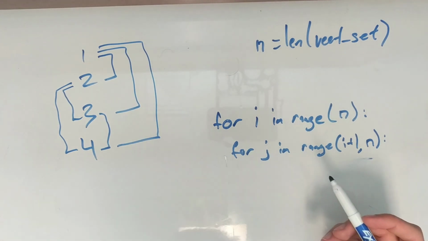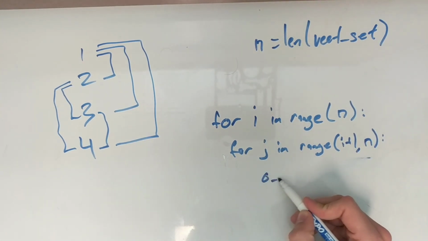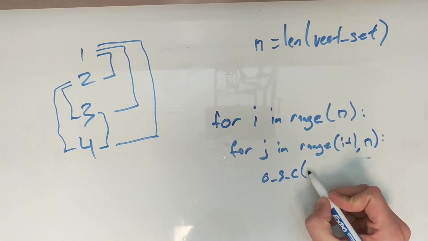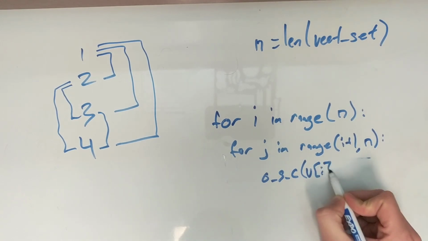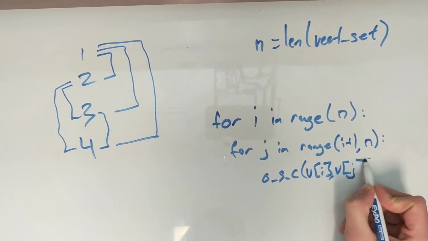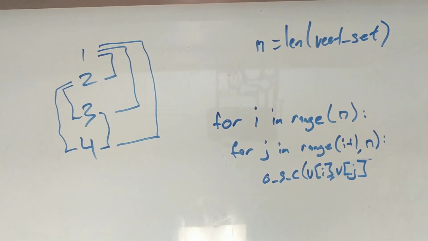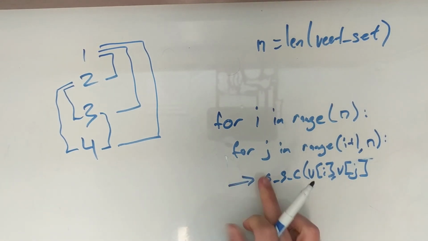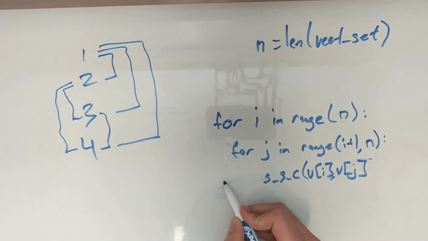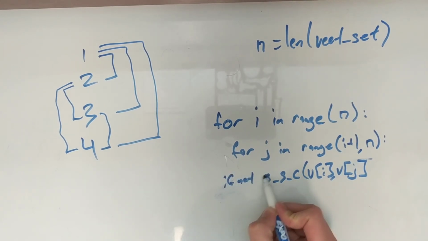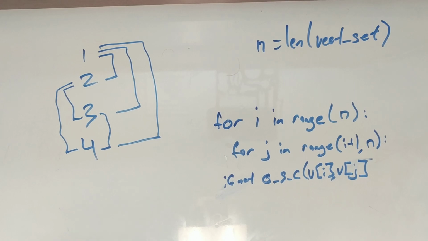And I would just run orth set check with your vect set at i and your vect set at j. A nice way to catch if anyone fails is, this should be indented, but I'd say if not orth set check, because you want to see if they're all orthogonal. The opposite of all of them being orthogonal is one of them not being orthogonal.